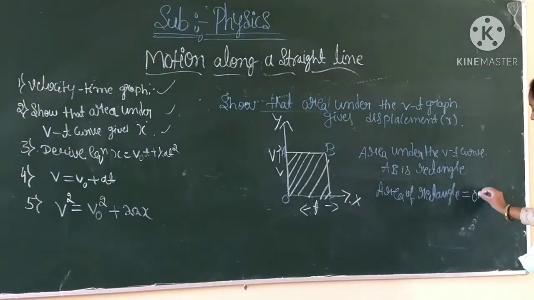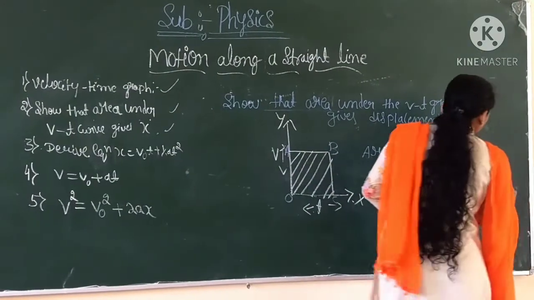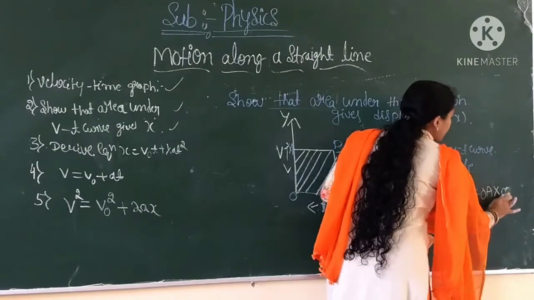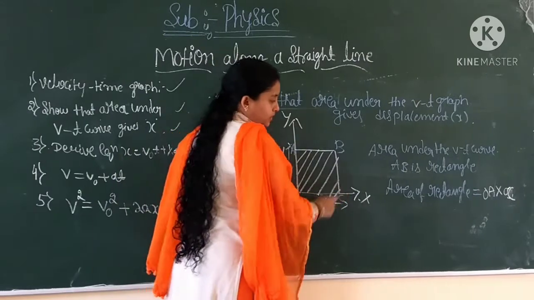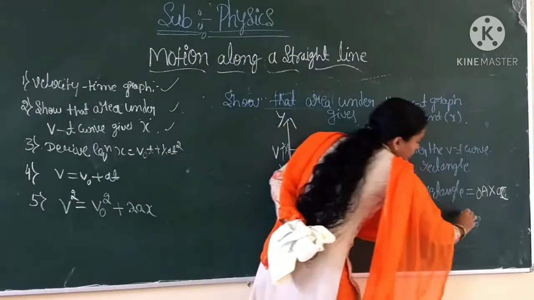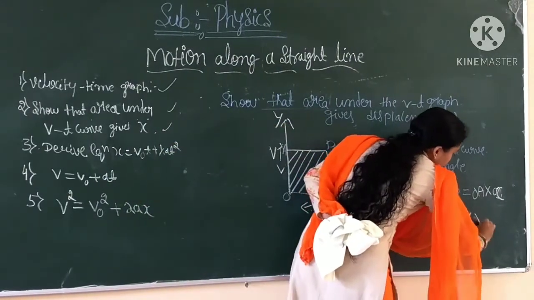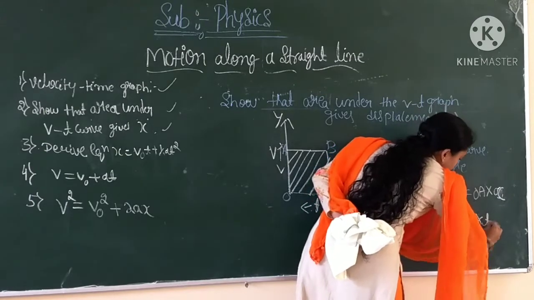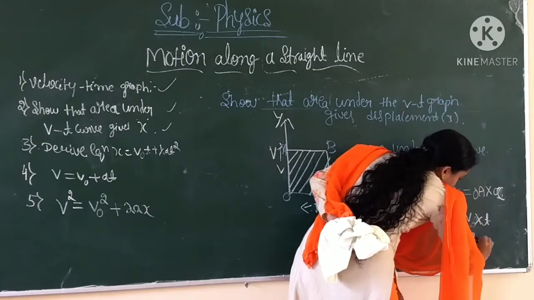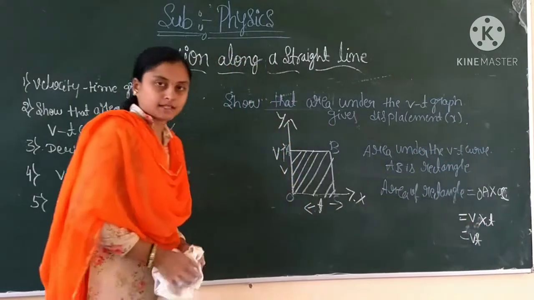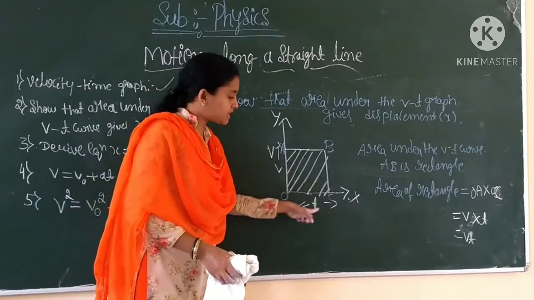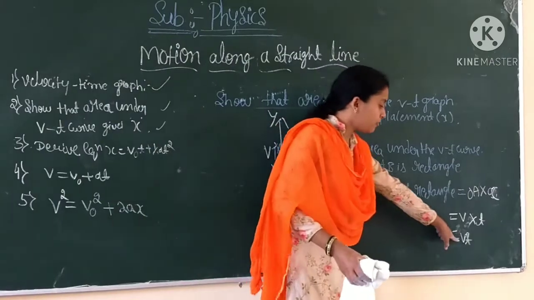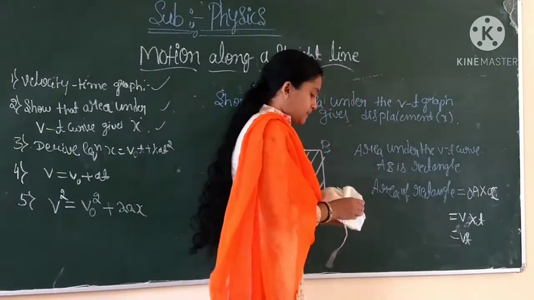So OA into OC. Here OA is V and OC is T, nothing but VT. This is the displacement. Then VT gives the displacement.